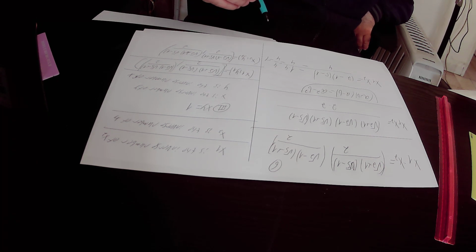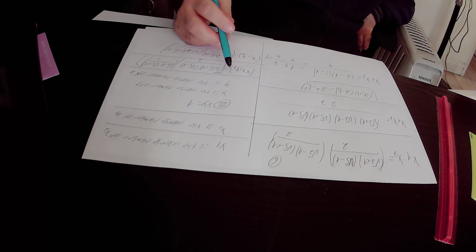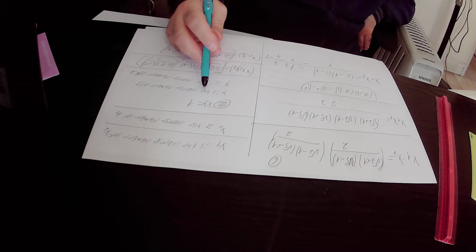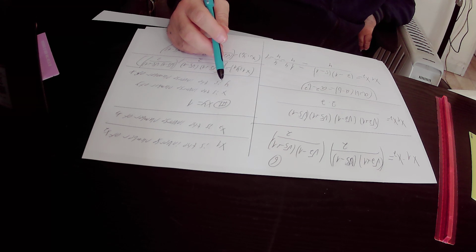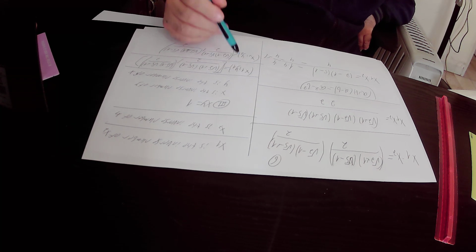So the solution x1, y1 is such a solution that according to equation number 1, they are two inverse numbers to each other. x1 is the inverse number of y1 according to equation number 3, and y1 is the inverse number of x1.